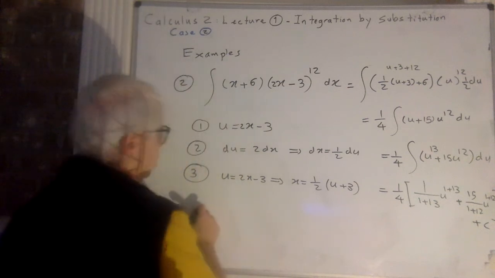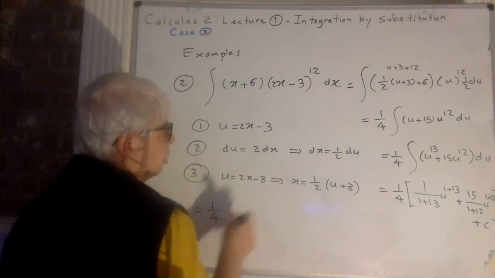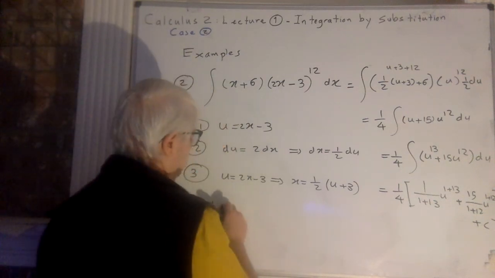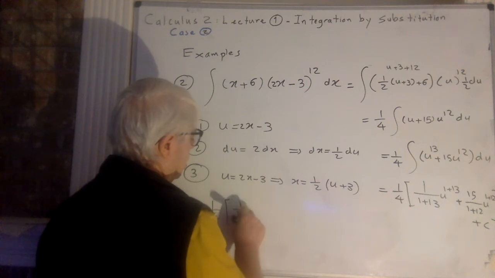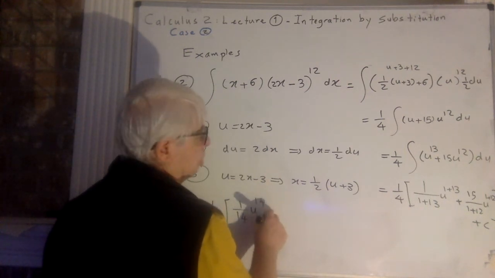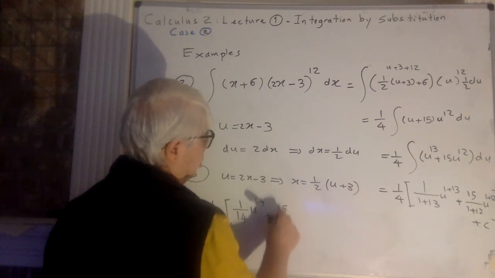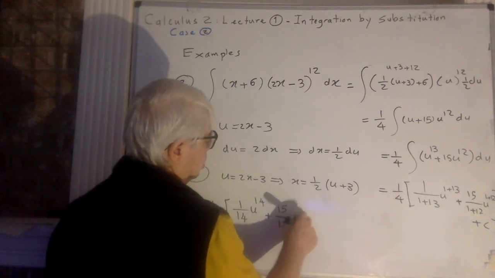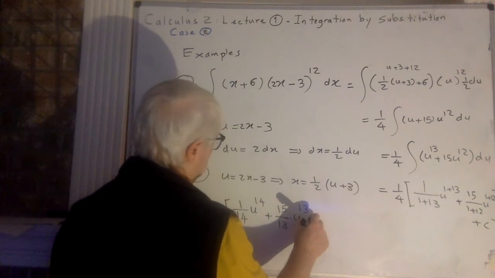So that is 1/4 times 1/14 u to the power 14 plus 15 over 13 u to the power 13.